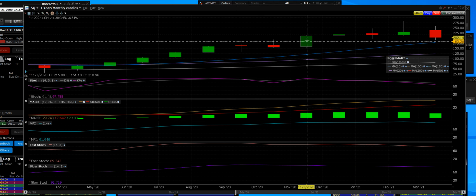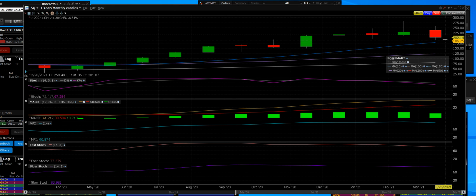And what the markets and how sentiment was, that was a different period of time. Now we're in this period of time, March 8th, 2021. And Square still has a decent monthly buy signal. But remember, it's 1 year monthly.